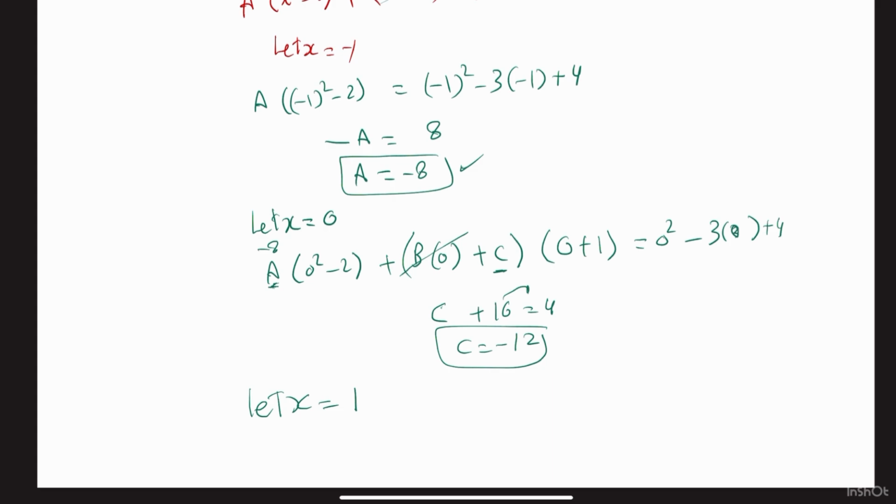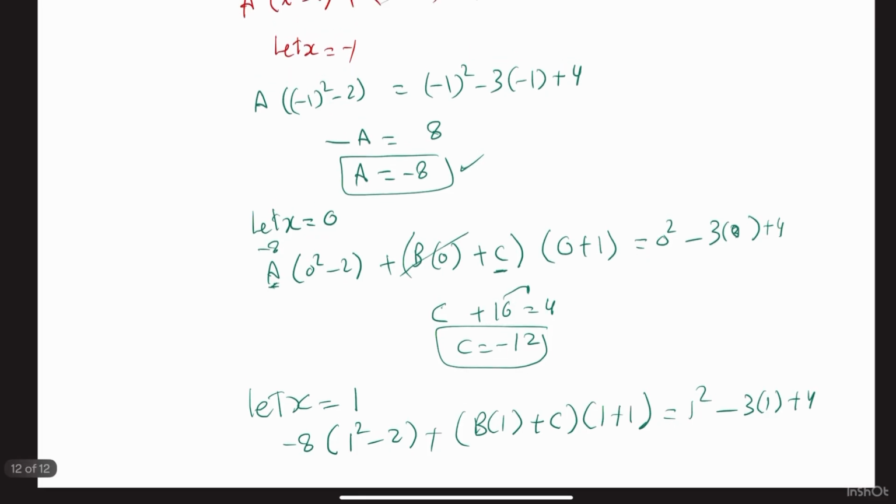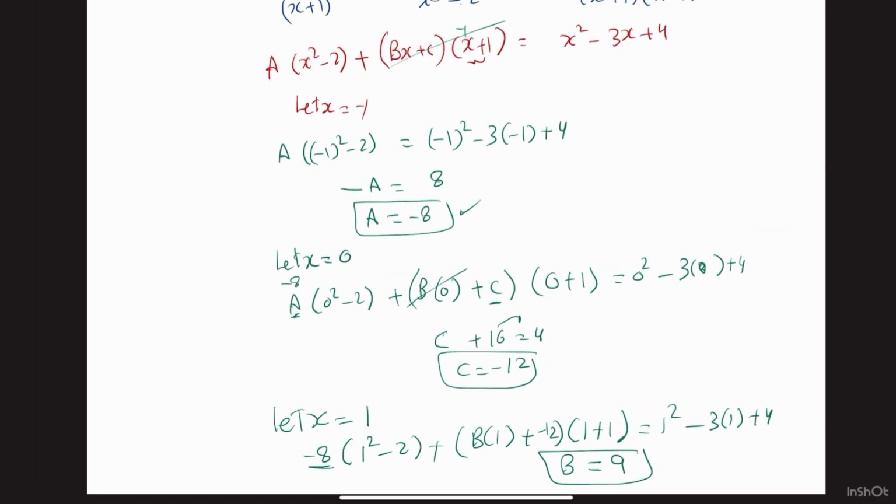After you substitute that in your equation, we come up with A as negative 8 multiplied by (1 power 2 minus 2) plus (B multiplied by 1 plus C) multiplied by (1 plus 1) equals 1 power 2 minus 3 multiplied by 1 plus 4. We know that the value of C equals negative 12 and the value of A equals negative 8. So we have a simple equation, we can solve it, and you come up with the value of B equal to 9. After you finish, you need to substitute again in your equation.